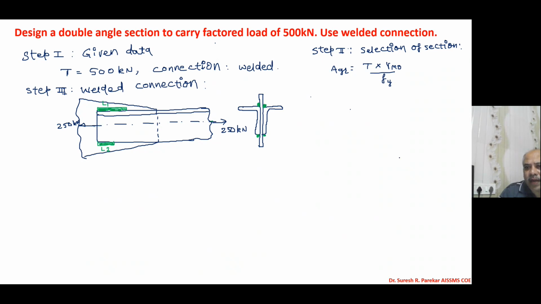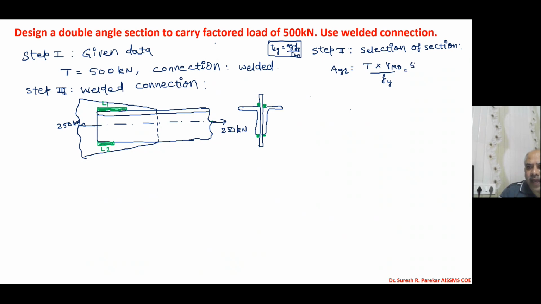If you remember, we have the formula T_dg is equal to A_g Fy upon gamma m0, and we have rearranged the terms. Therefore, T into gamma m0 upon Fy is equal to A_g required.